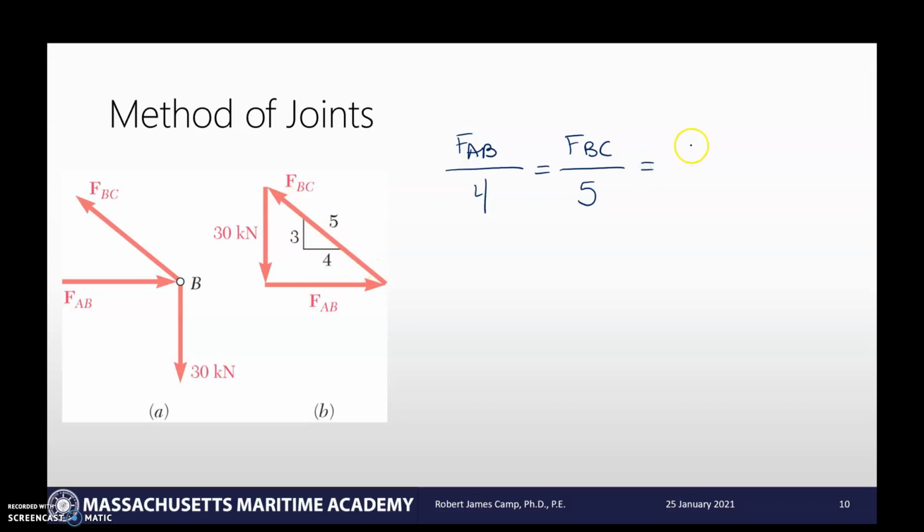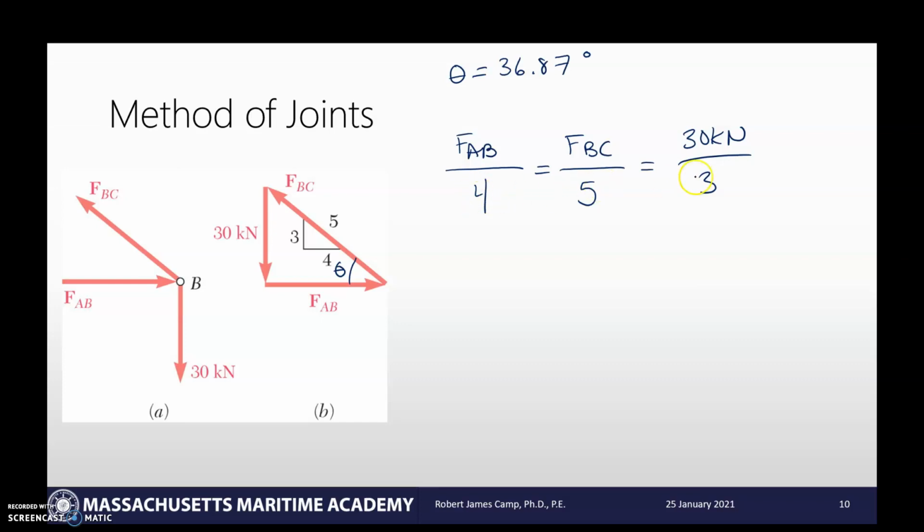And then we would have the 30 kilonewtons over its length, which is 3. This is using basically all the angles, and we could calculate the angle. We could sit here using our 3, 4, 5 triangle and calculate what theta is going to be. In this case, theta is 36.87 degrees, and then we can just use the projections of the 30 kilonewtons on FBC and FAB, or we can use the law of sines, which directly gives it to us.